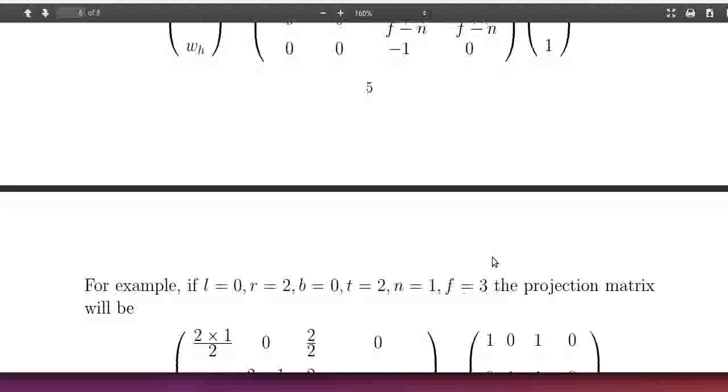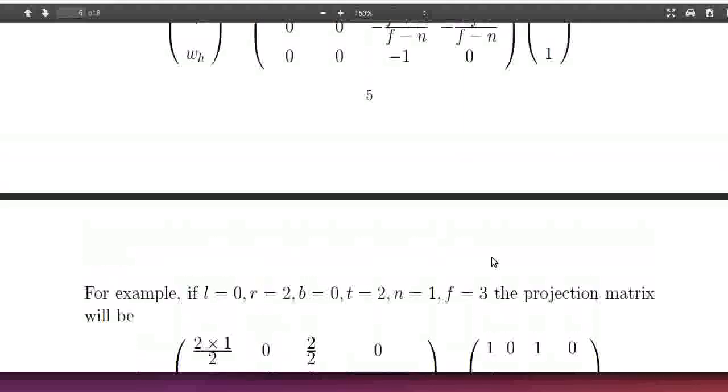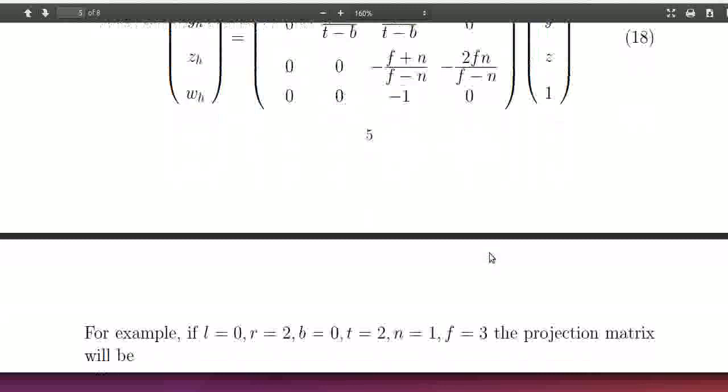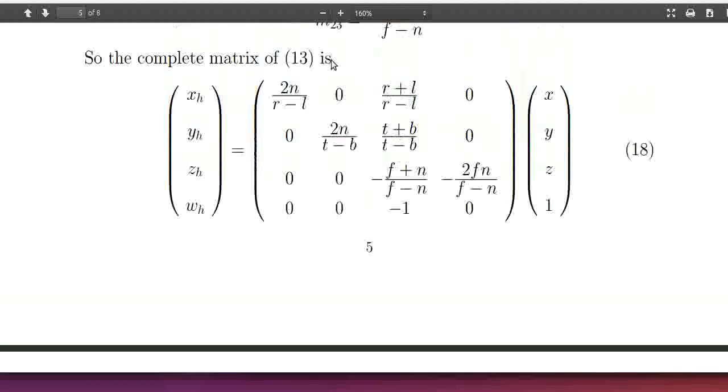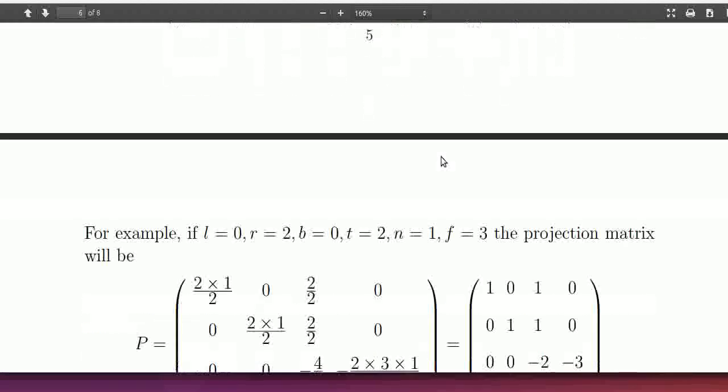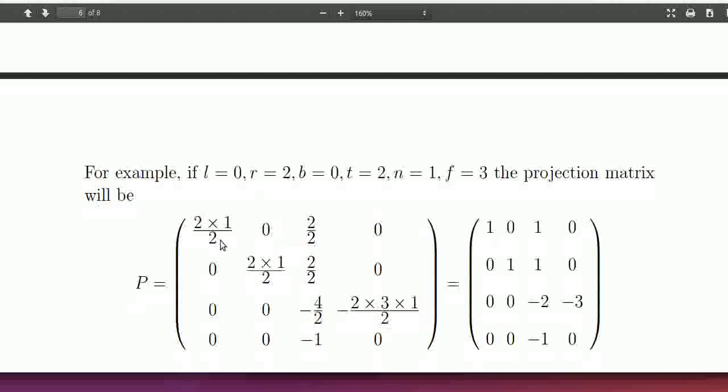For example, we can test it using an example. If L equals 0, R equals 2, B equals 0, T equals 2, N equals 1, F equals 3, we substitute into this matrix. Then the projection matrix can be calculated.